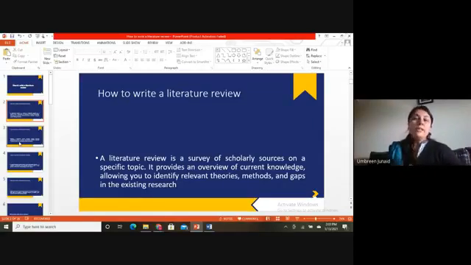So all the information, all the literature that is present on your specific topic, whatever the scholarly sources are, when you do a survey of that, जब आप उसका एक जायजा लेते हैं, when you go through that source, that means you are doing a literature review. It actually provides you all the current knowledge, and it allows you to relate your work with different theories, with different methods.